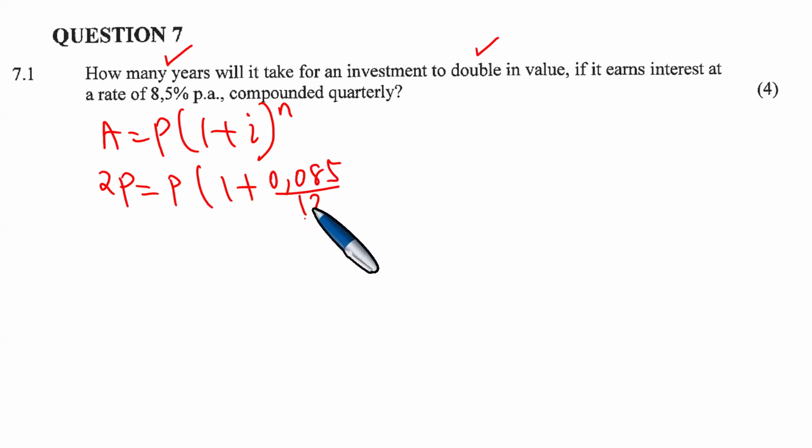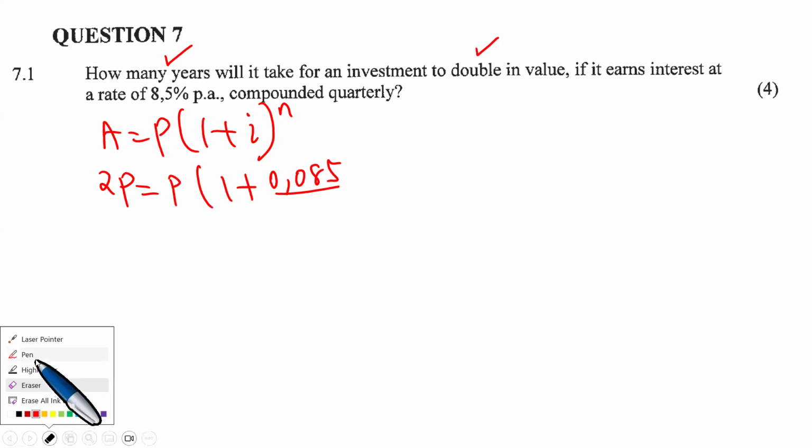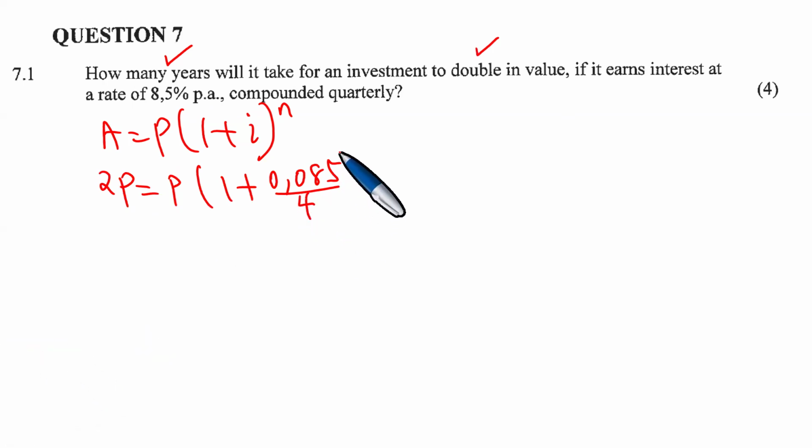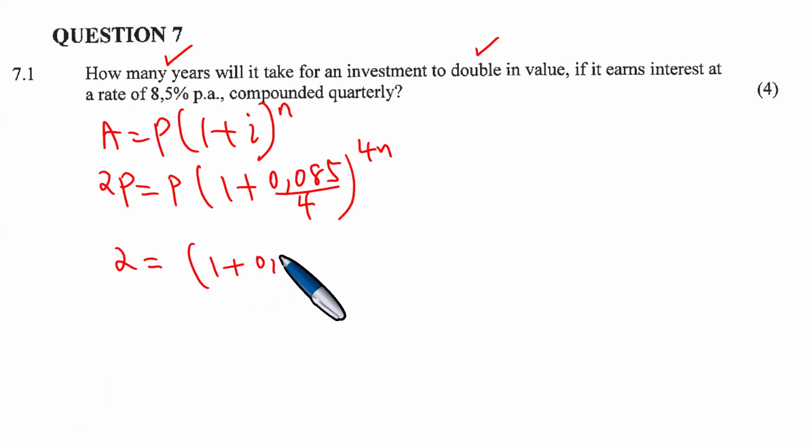You divide by 4 because it's compounded quarterly, raised to the power 4n. Divide by P both sides so that we have 2 is 1 plus 0.085 divided by 4, raised to 4n.